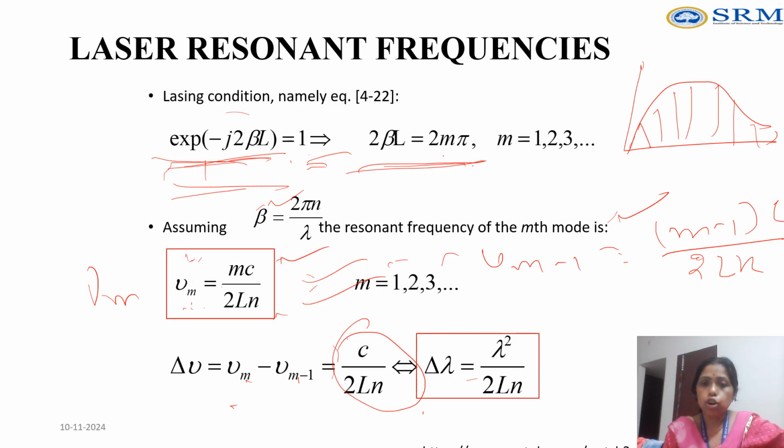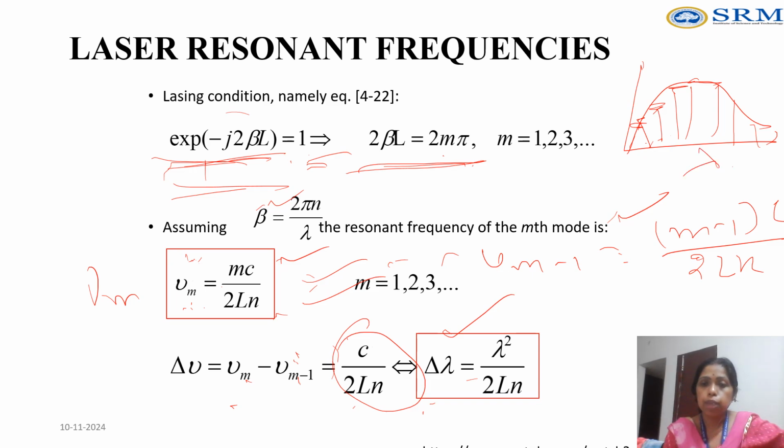So this is one fundamental mode, this is one fundamental mode, this is one fundamental mode, like that. The difference between two fundamental modes is equal to c by 2L, sorry, lambda square by 2L. Again, you are converting the frequency in terms of c by lambda, you will get this one. Delta lambda is equal to lambda square by 2nL.